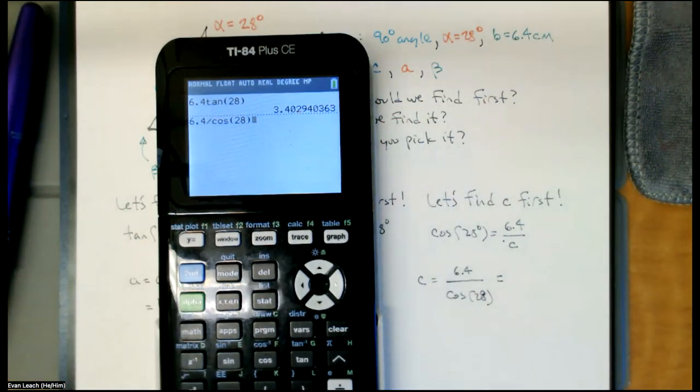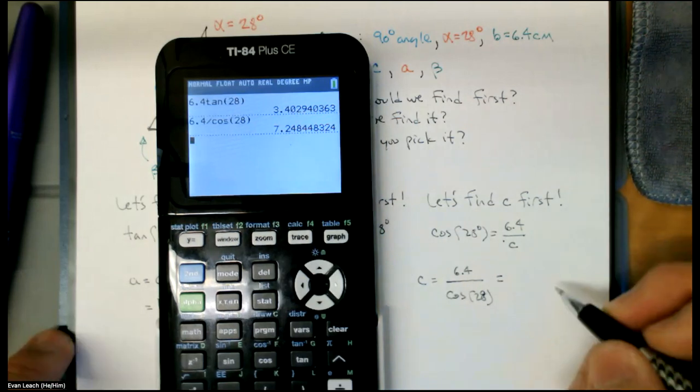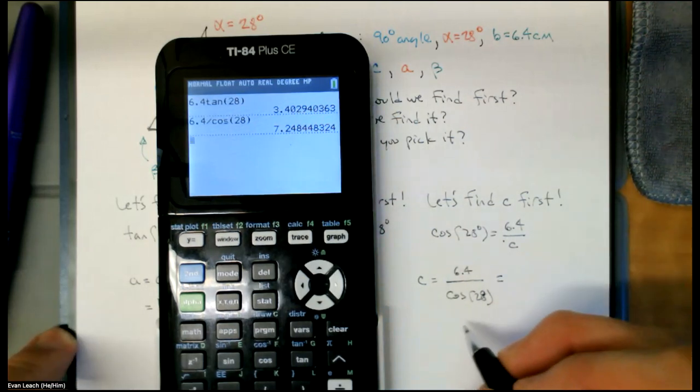So the cosine of 28 will be 6.4 divided by C. If you multiply by C and then divide by the cosine of 28, we get C is 7.2.